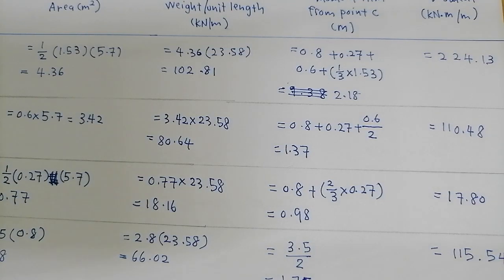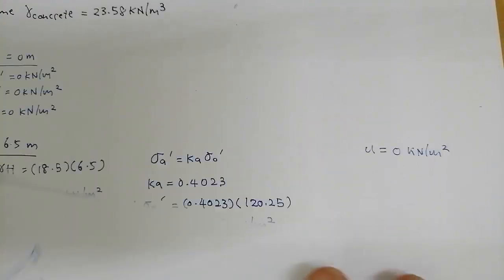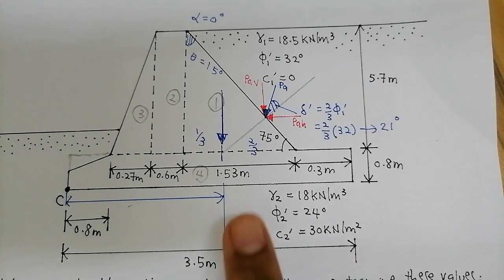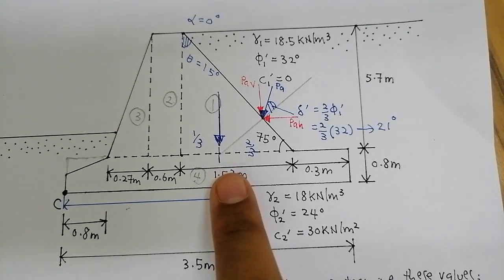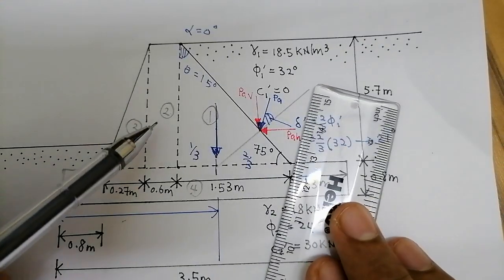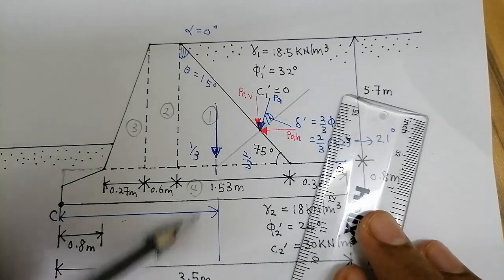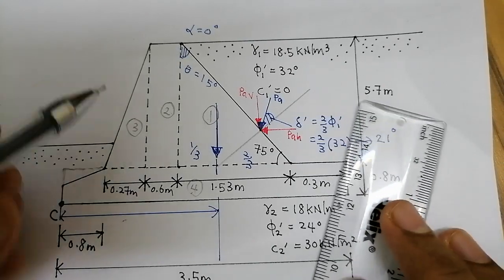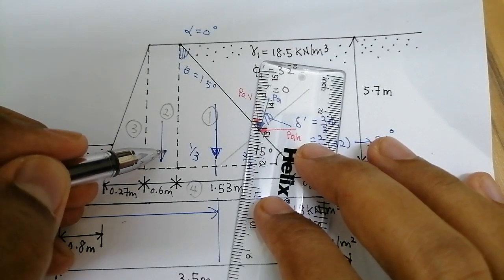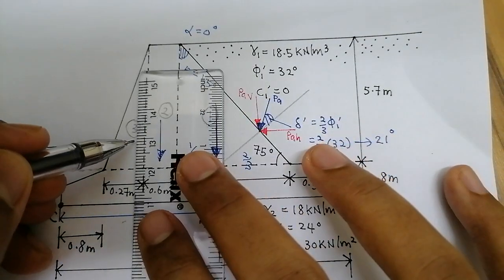Let me go back to our figure here. So we have four forces which are pointing downwards, and that comes from the retaining wall. This is the one that we calculated just now.